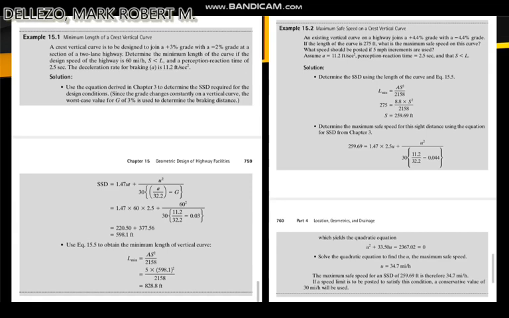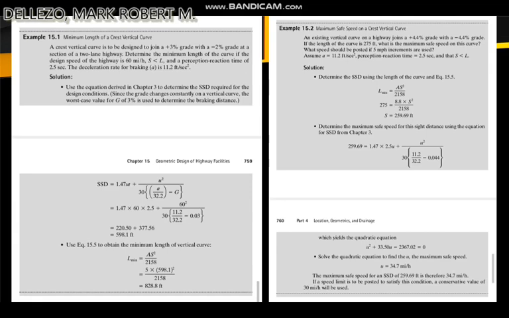The problem is what speed should be posted if 5 miles per hour increments are used.